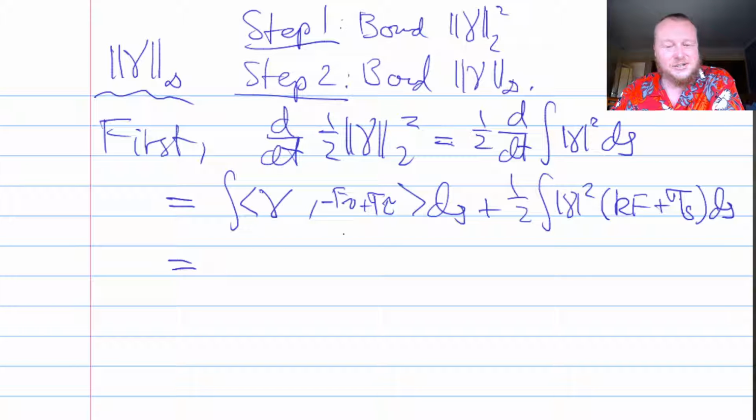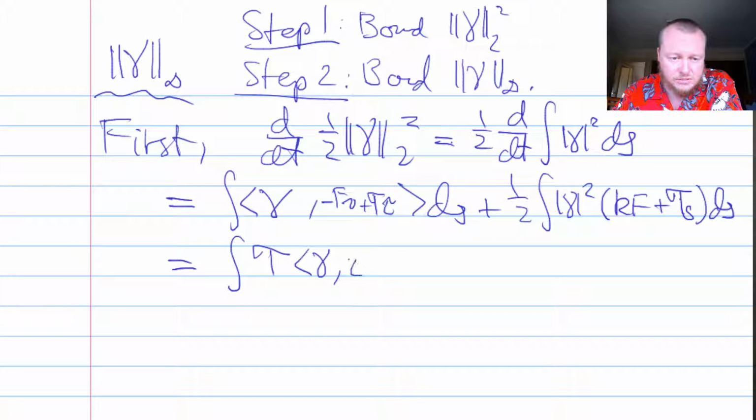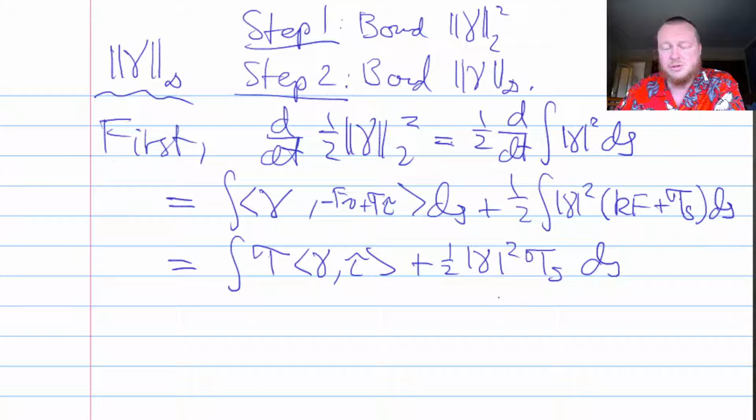Alright. So let's just collect together the tangential velocity terms, because these should not make any difference. So we've got T gamma tau from the first term, and then from the second term we've got 1/2 gamma squared T_s ds. Look at that, it's beautiful, never ceases to amaze me.